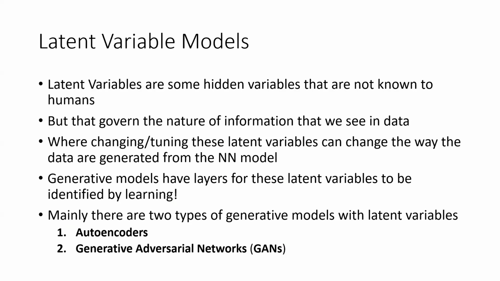When it comes to generative AI, one thing that you have to know about is the latent variables in the model. Latent variable models are models that have hidden or latent variables. The meaning of latent is that it cannot be seen or identified by humans.